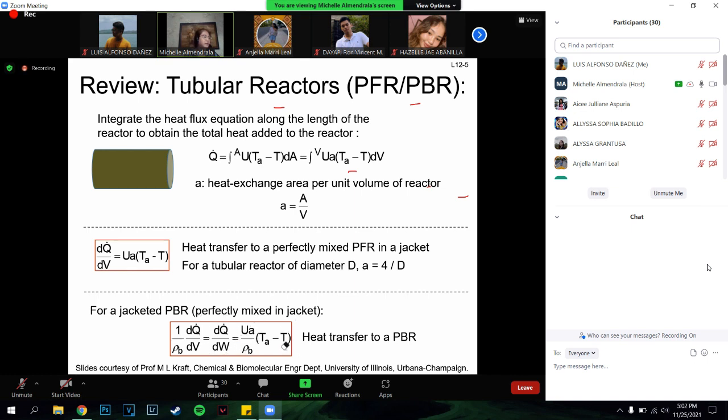This will be the heat transfer for the Q. So the Q will be equal to the overall heat transfer coefficient times the heat exchange area per unit volume, this A, and then delta T over the density of the bulk fluid. So that will be the formula for our Q for a plug flow reactor.